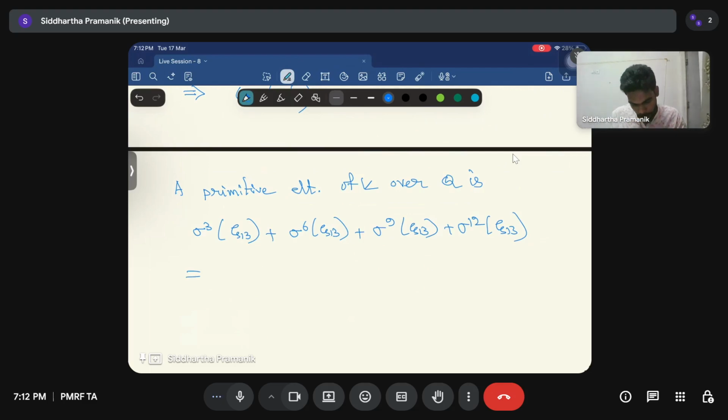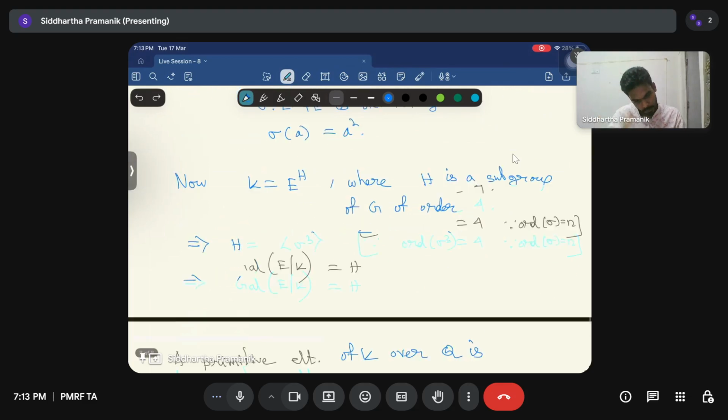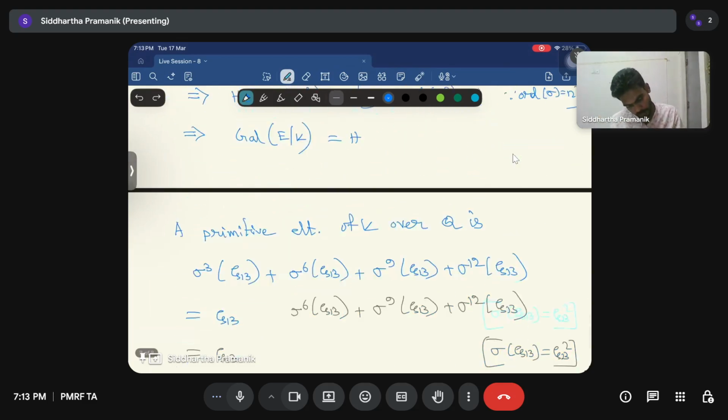So sigma of zeta 13 is zeta 13 squared by the definition of sigma. So this is zeta 13 power 6, sorry, squared.